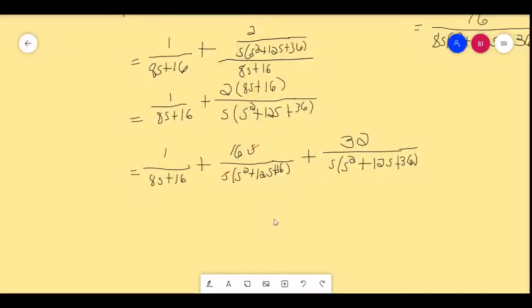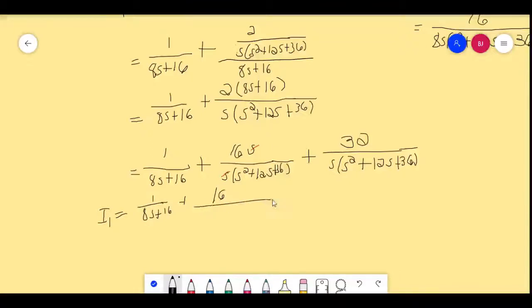And for one final time, we will be having I1 is equal to 1 over 8s plus 16, plus 16 over s squared plus 12s plus 36, plus 32 over s squared plus 12s plus 36.